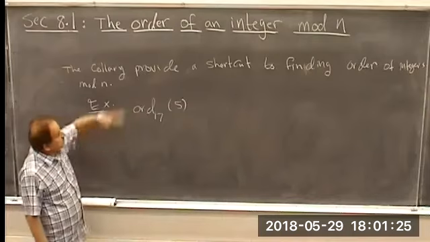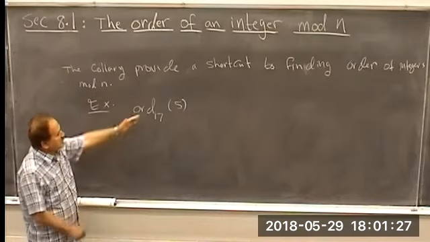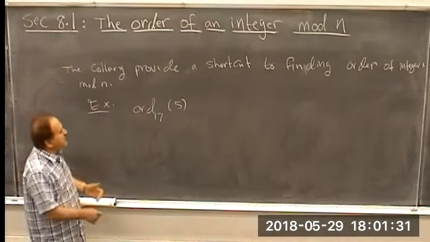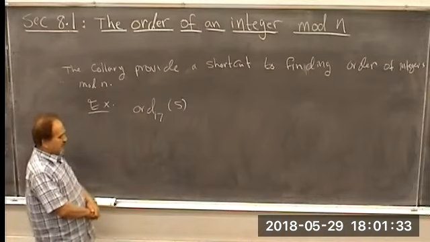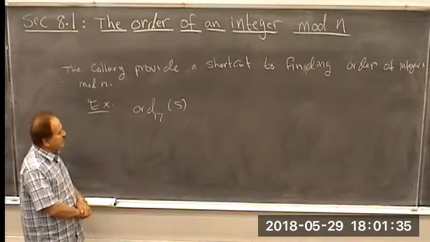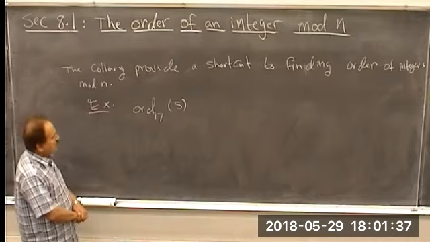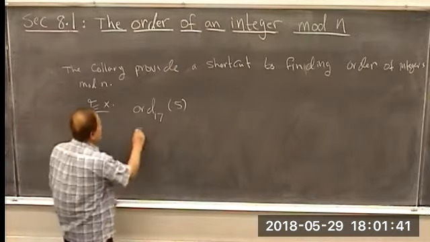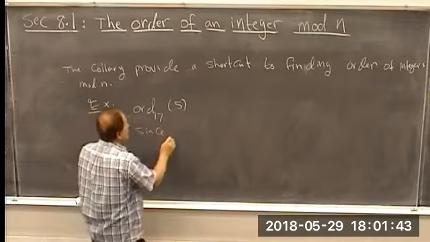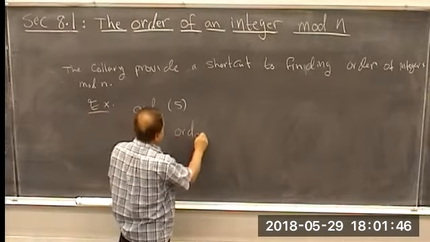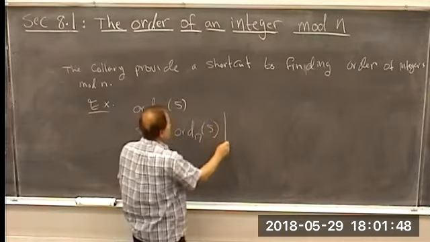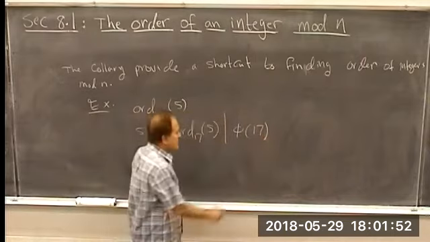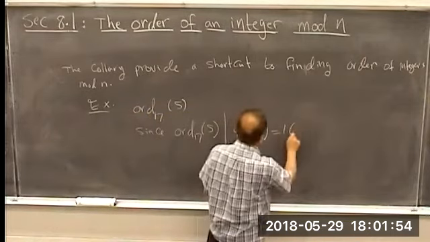Well, without the corollary we have to raise 5 to all powers 1, 2, 3 and so on, and find the smallest integer, the first integer, that gives us congruent to 1 mod 17. But here, I know that this order must divide phi of 17, which is equal to 16.